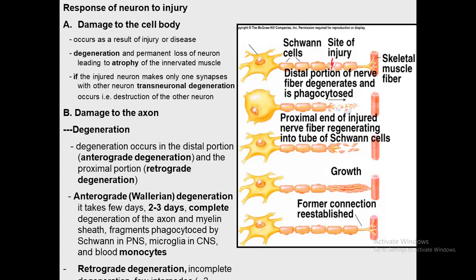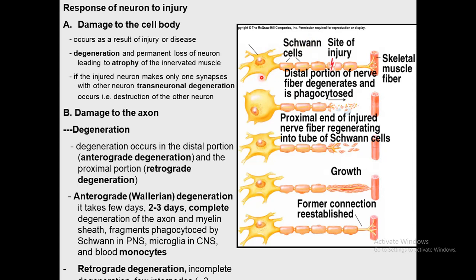And the final topic is the injury of the neuron. We talked about the injury of the neuron: either the damage is on the cell body, pericardium, or the axon. If the damage is in the cell body, this will cause damage and death of the neuron, and therefore this will also cause atrophy of the innervated tissue of this neuron.